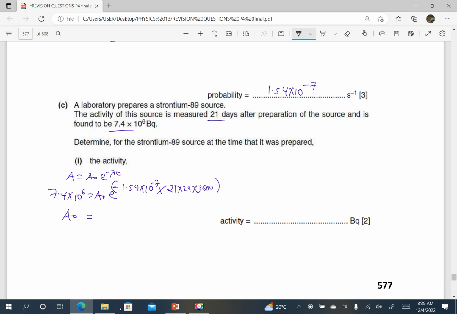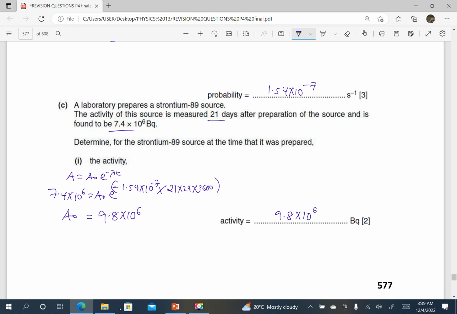E power negative 1.54 exponent negative 7 times 21 times 24 times 3600. Divide both sides by that value. So I'm getting A naught as 9.8 times 10 power 6 as the initial activity. 9.8 times 10 power 6.